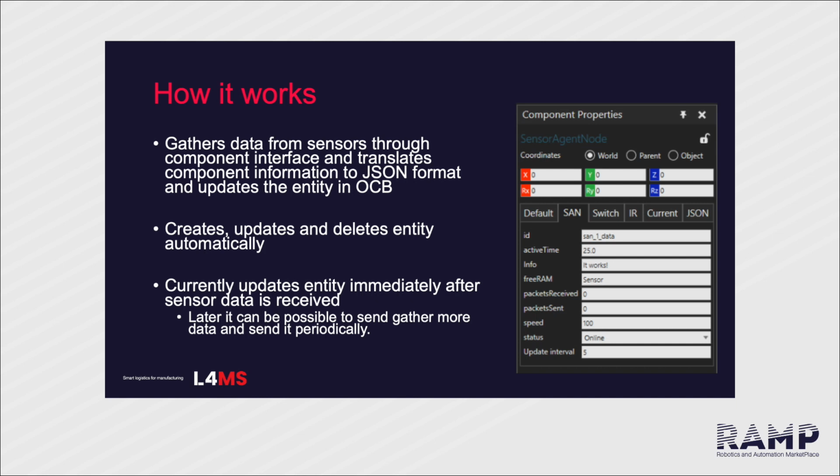You can gather data from sensors through component interface and translate all component information to JSON format and update the entity in OCB. An entity can be created, updated, or deleted automatically during the simulation. Also here, the appropriate IP addresses have to be set. Details on setting up can be found also in the documentation.